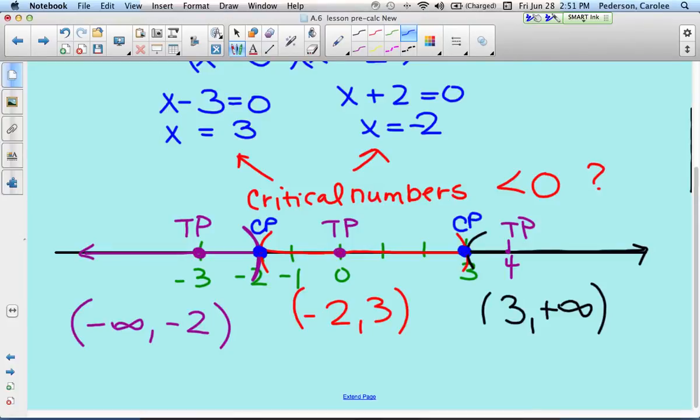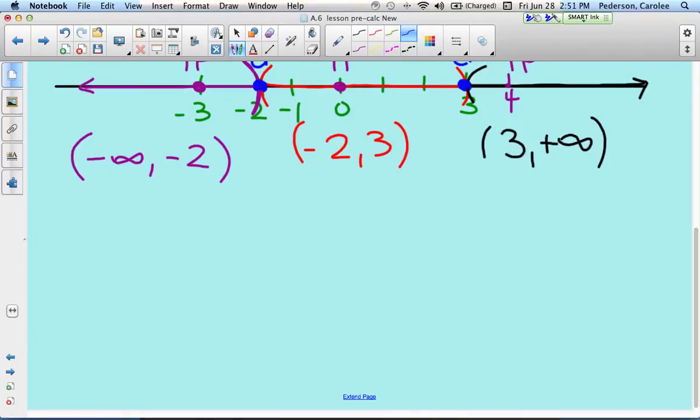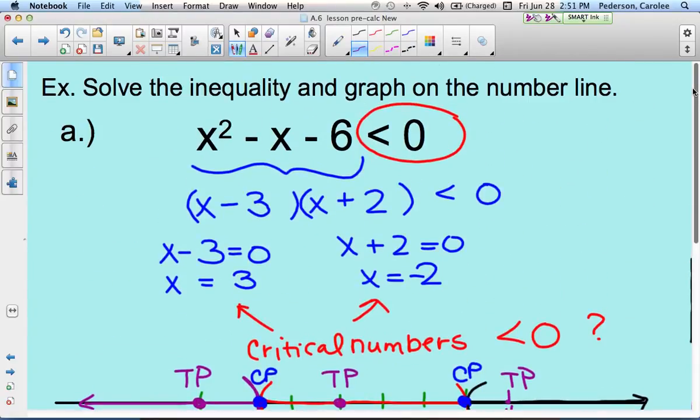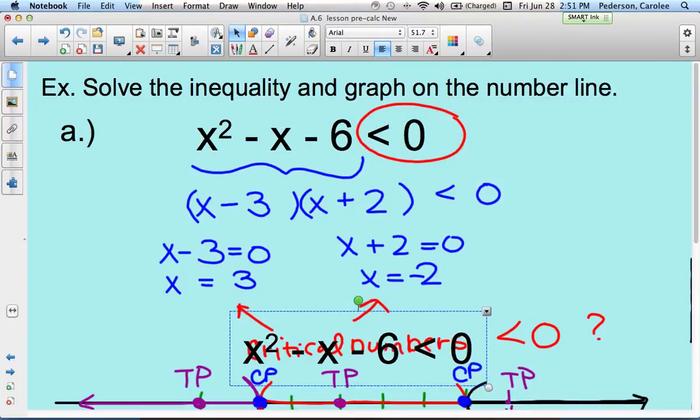I have to test this original quadratic inequality with 3 test points. So let's talk about that first interval first. Actually, let's write down what the quadratic inequality is again. I need to know that. So here's my quadratic inequality. I'm just going to grab it, clone it, and have it down here.